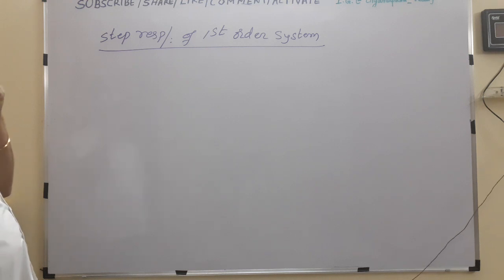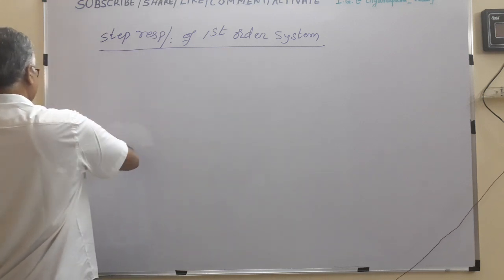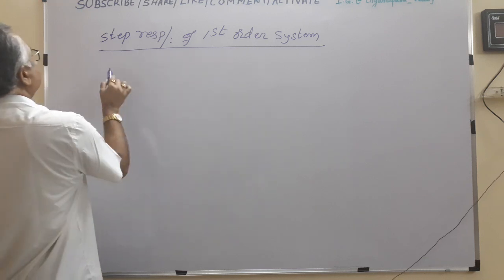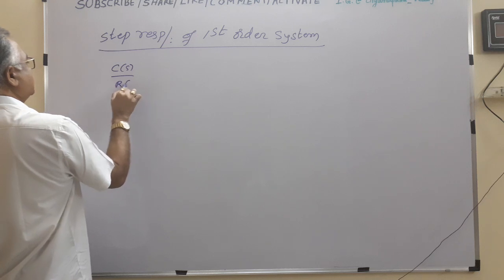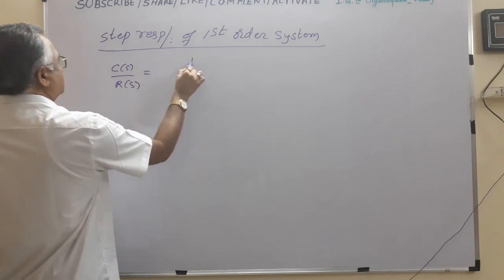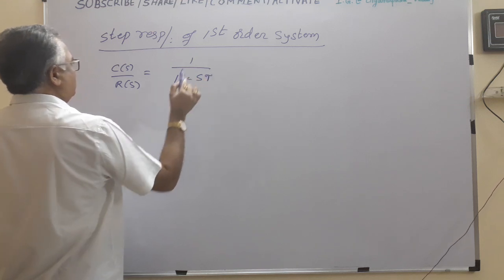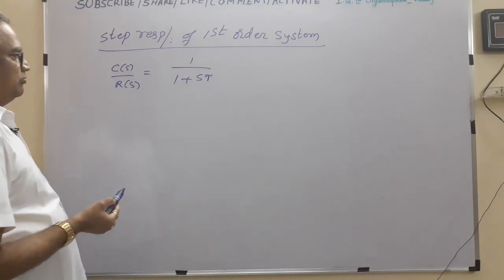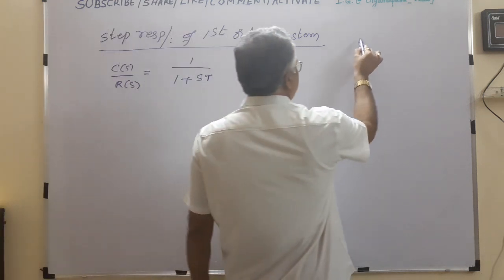So any first order system, C by R, or C of S by R of S, is like 1 by 1 plus S tau. So it is like this.